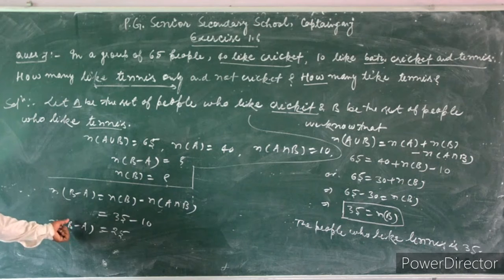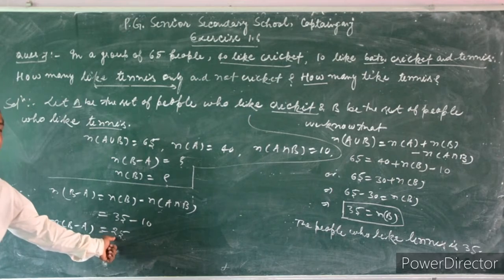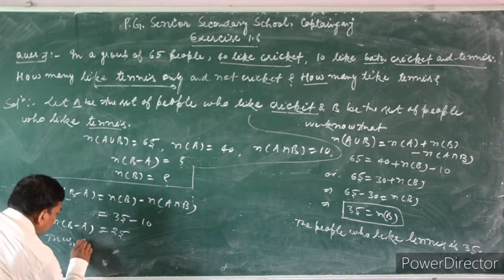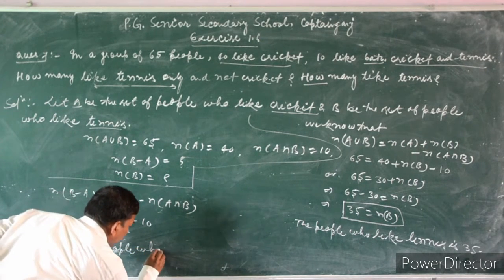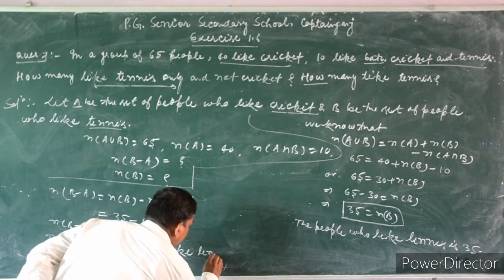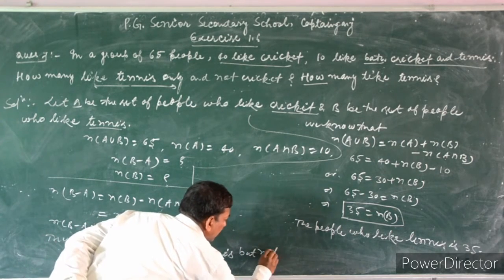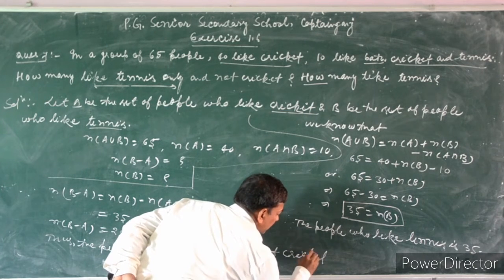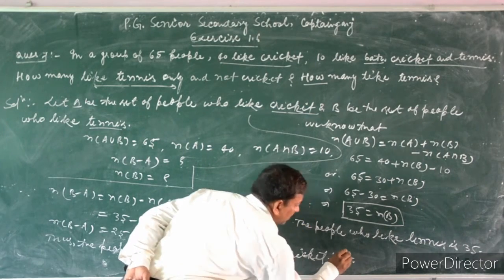This shows that the people who like tennis but not cricket is 25.